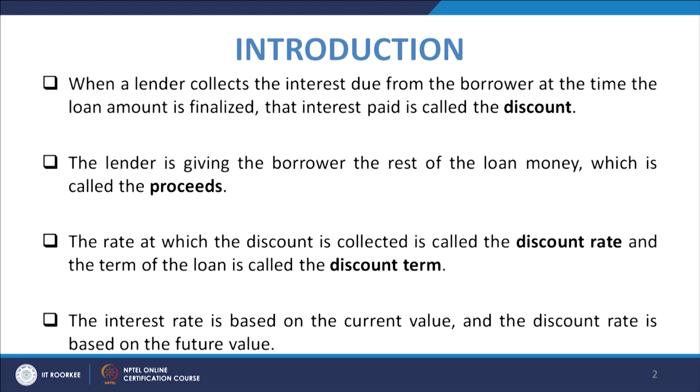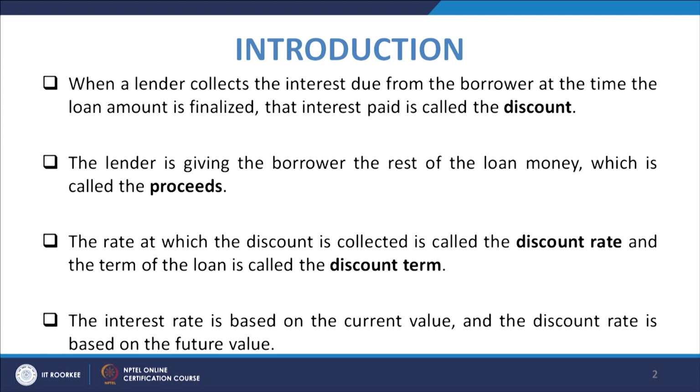The rate at which the discount is collected is basically known as the discount rate, and the term of the loan is called the discount term. So, this is the trait of the discount which is there in the case of transactions.